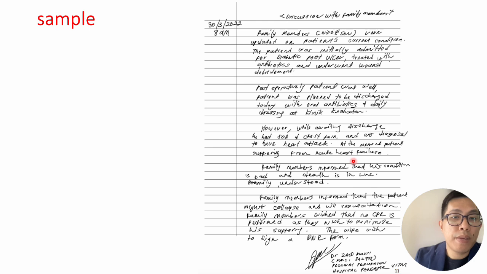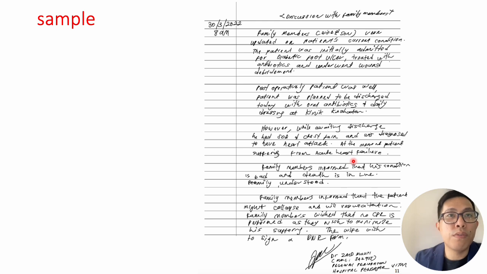Family members were informed that this condition is bad and death is in the line. This documentation is just to cover us that we have informed family members. We have already broken the bad news that his condition is not good. The gist of the other documentation is that we have discussed this with the family members.